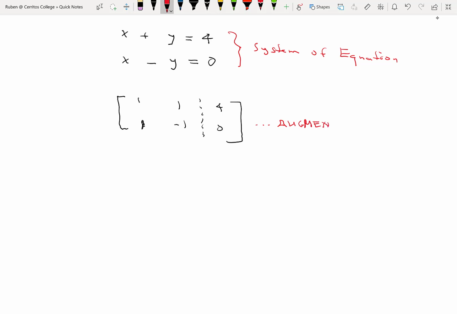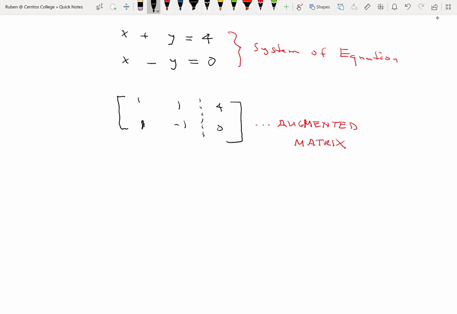Augmented matrix for our system. We're going to be looking a lot at vocabulary, so don't get too bogged down with the terminology now. This is mostly just a really quick introduction to this section.